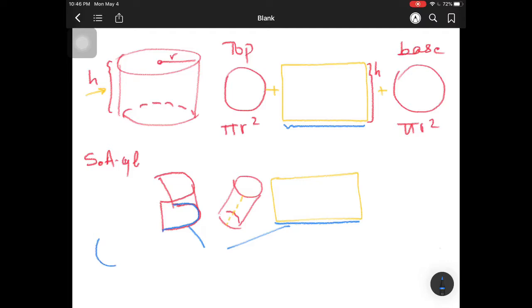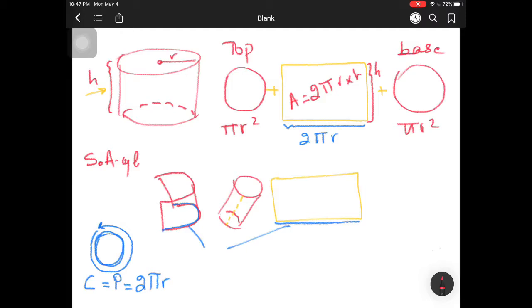And in a circle, what do we call this distance around the circle? Of course, going on the circle, we call it circumference, or we call it perimeter. And this is always 2 pi r. So this dimension is 2 pi r. So the area that I'm looking for here of this rectangle is 2 pi r multiplied by h.